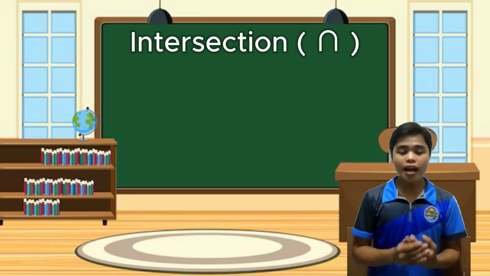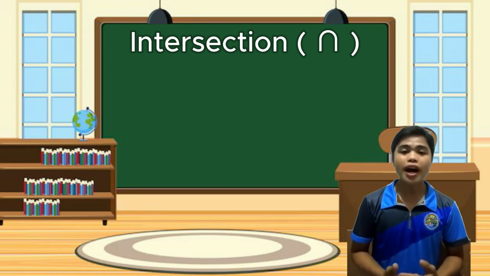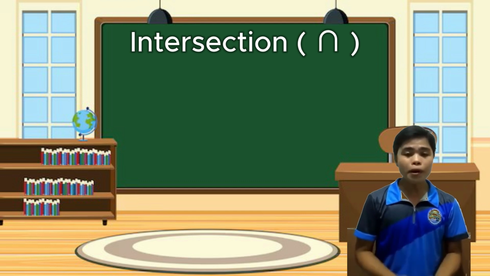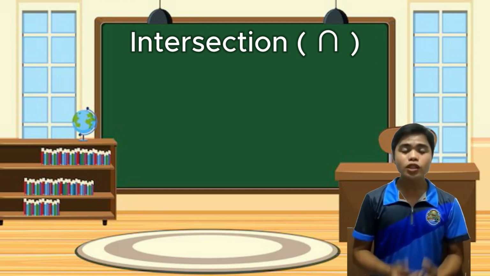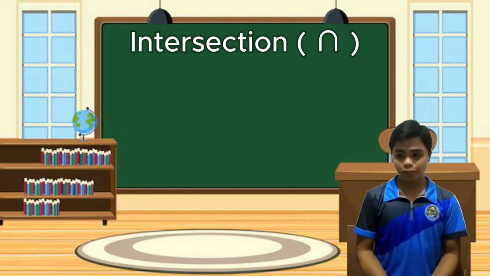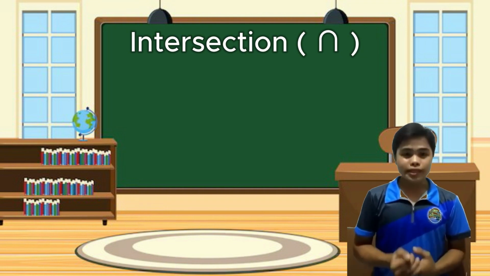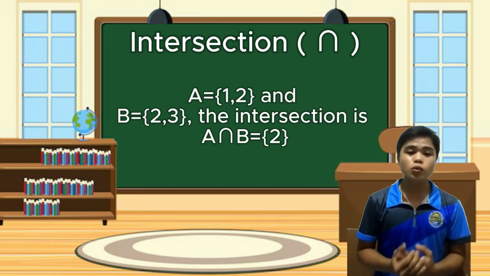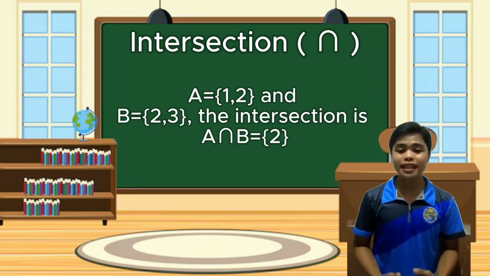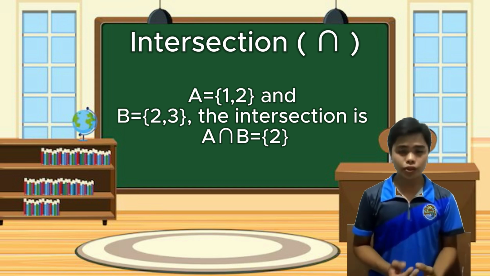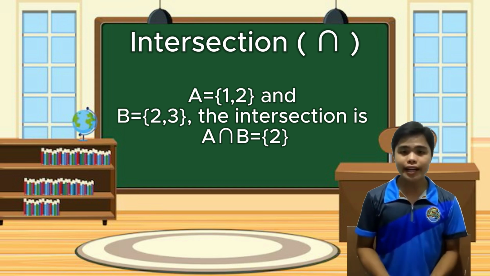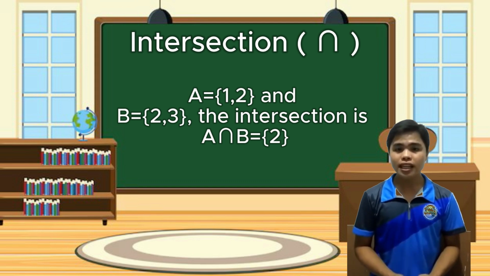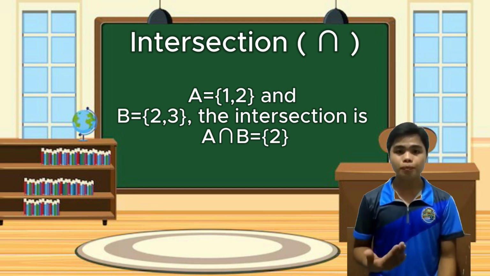Second is the intersection. The intersection is the operation that finds the common elements between two sets. For example, if A is equal to 1 and 2 and B is equal to 2 and 3, then A intersection B is equal to 2.